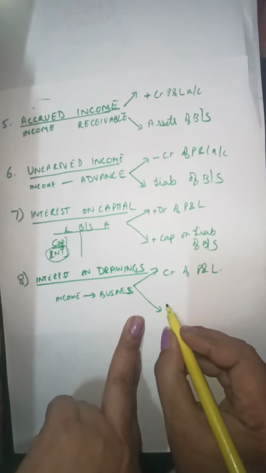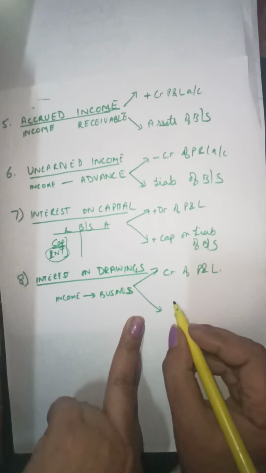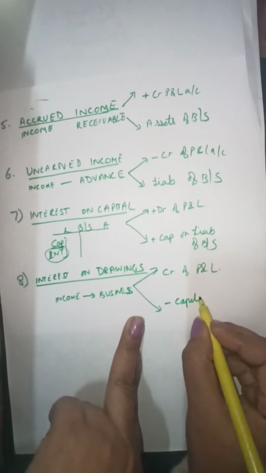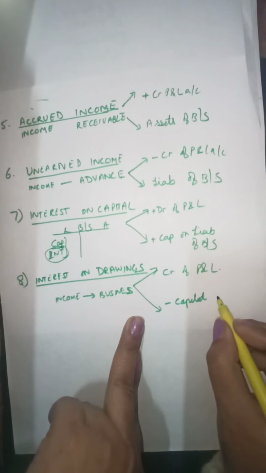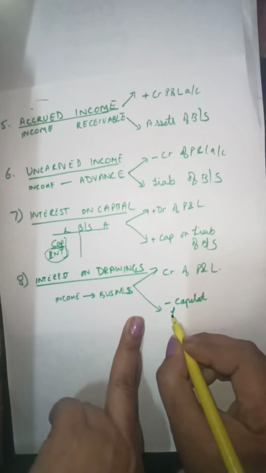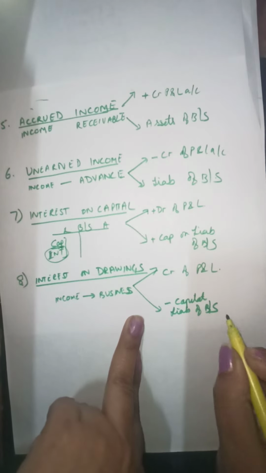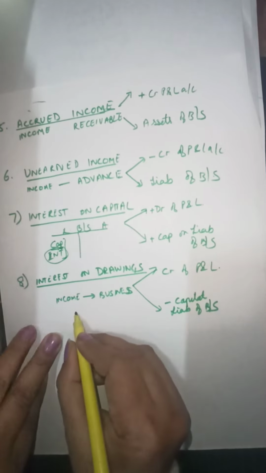The drawings are deducted from the capital. And where is the capital shown? On the liability side of the balance sheet.